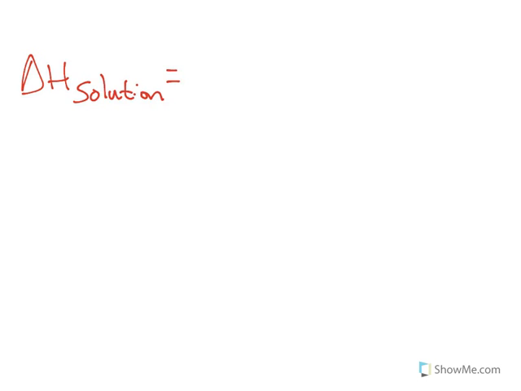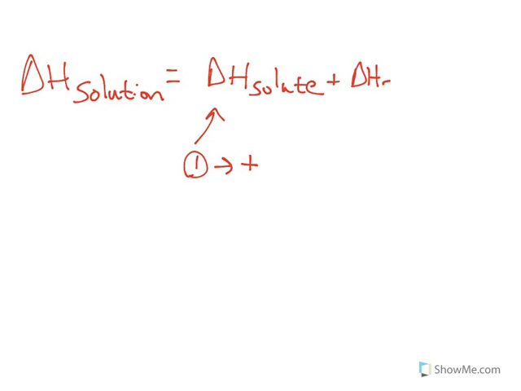All right. So when we put them all together, we're going to call this delta H of solution is equal to delta H of the solute breaking up. So this was step 1, and this was endothermic. So I'm going to give it a positive sign. And we're going to go ahead and add the other process, which was number 2, where delta H of the solvent accommodates the particles.